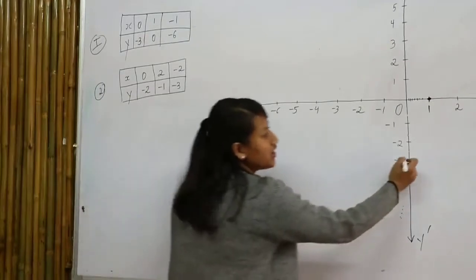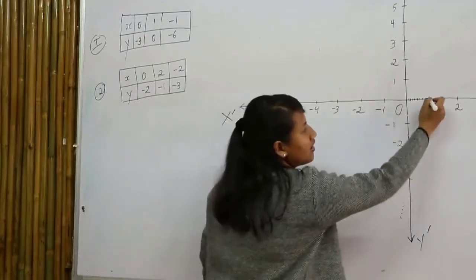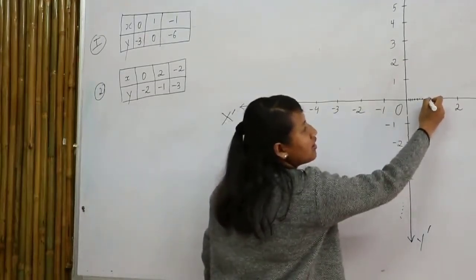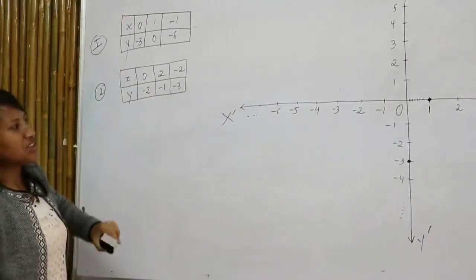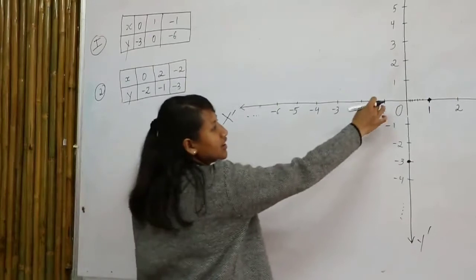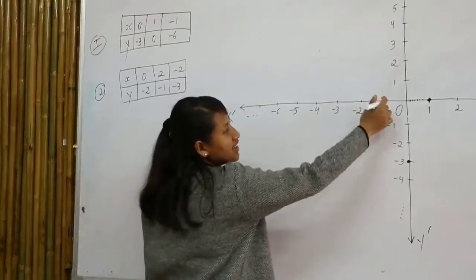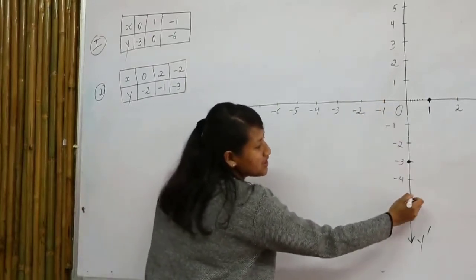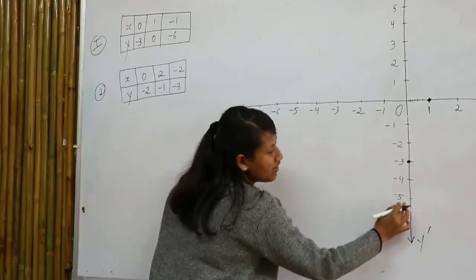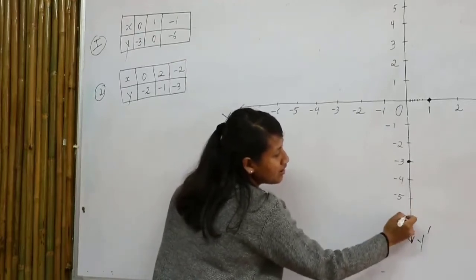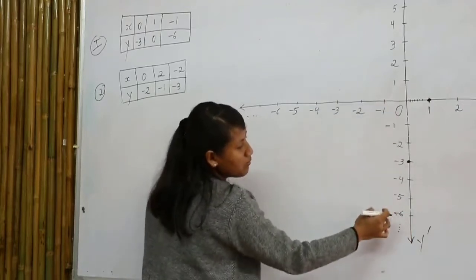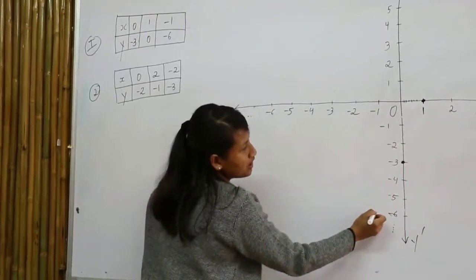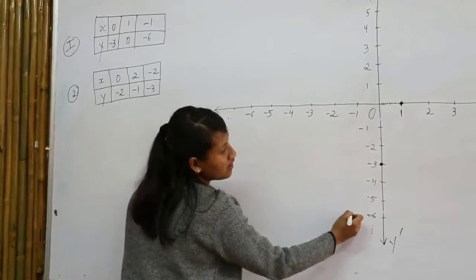Make sure. Then we have -1 and -6. So where's -1? Here. And -6. So we have not written -6, so -5 and then -6. So -1 and -6 here.